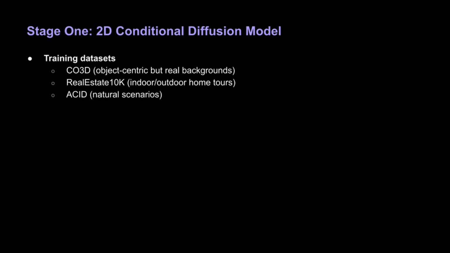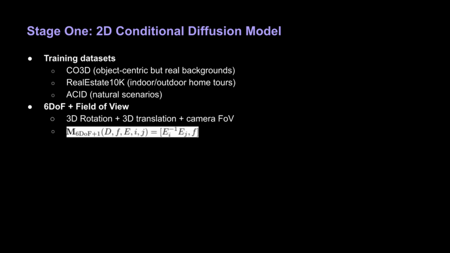Let's look at stage 1, the 2D conditional diffusion model. This stage is a standard diffusion model training similar to prior work, such as 0123. It is trained with a mixture of CO3D, RealEstate10K, and ACID datasets. A key technical contribution of ZeroNVS is its camera conditioning scheme that handles arbitrary real-world scenes.